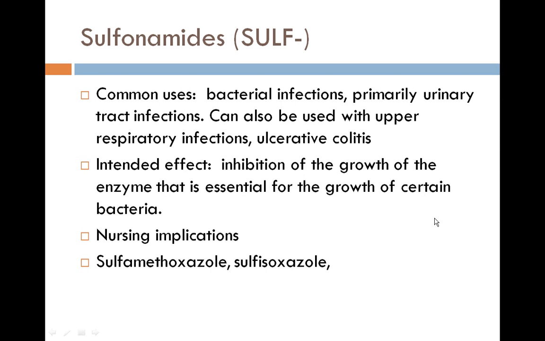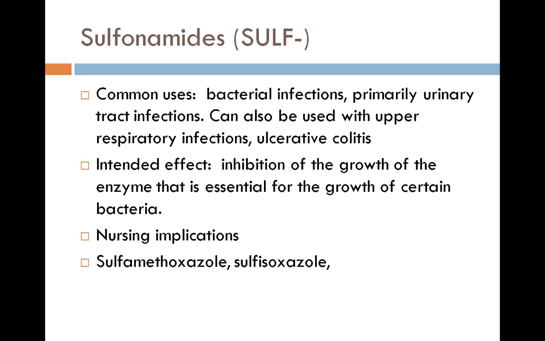With sulfonamides, the intended effect is the inhibition of the growth of the enzyme that is essential for the growth of certain bacteria. So sulfonamides are going to block that bad bacteria. Sulfonamides don't destroy bacteria, remember that, but they inhibit their growth.